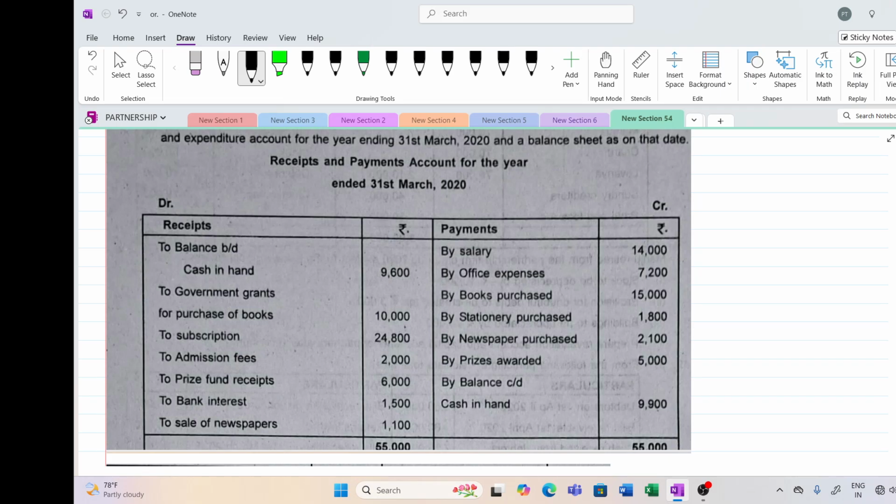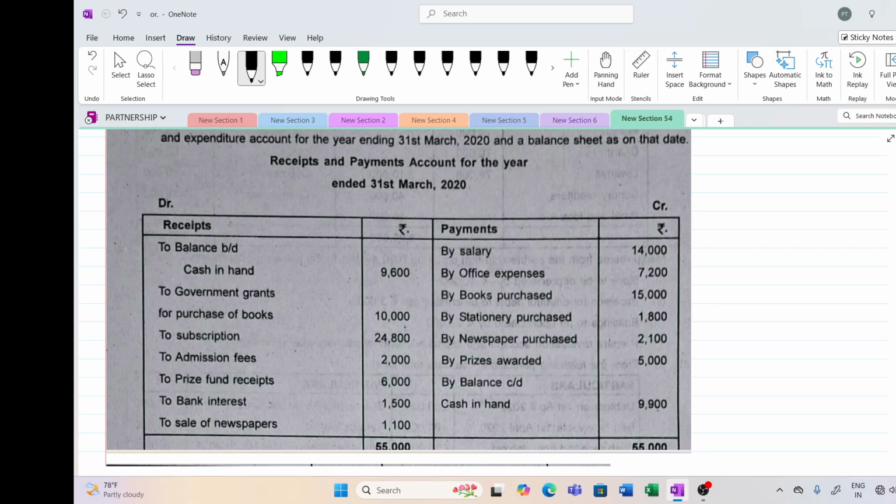It's not going to happen again and again. This capital receipt is a liability for the NPO, not-for-profit organization, because they have to spend it for the purpose for which it was received. So that's a liability, and you have to show it in your balance sheet on the liability side.